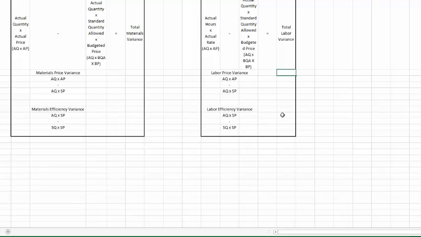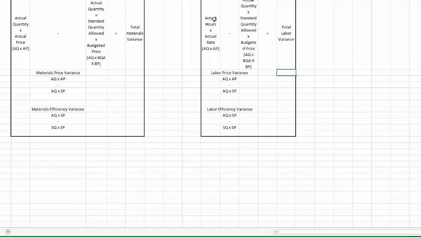Same kind of deal over here to the far right when we're talking about our labor. Actual hours times the actual rate is our actual cost. And then our flexible column would have shown the actual quantity of units, but multiplying it times the standard quantity allowed.